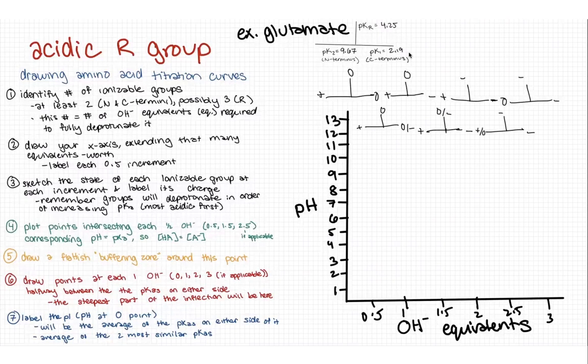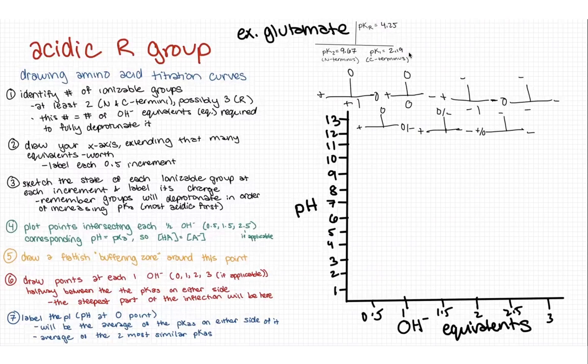So we have all these different states, and now let's actually draw what the charge would be at each of these points. Pause the video and go ahead and write in all those charge states. Okay, so when we're fully protonated, we'll have a charge of +1. If we go up to 1 equivalent, we're going to have a charge of 0. 2 equivalents, we'll have a charge of -1.